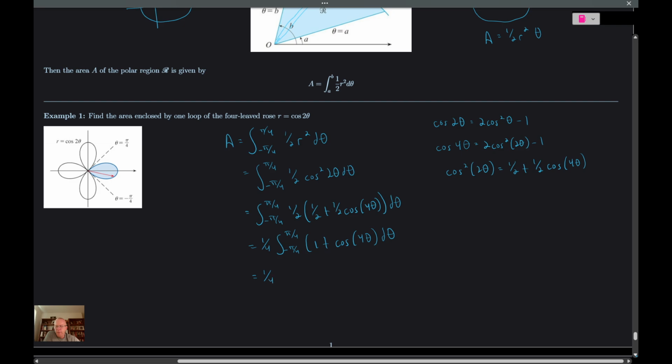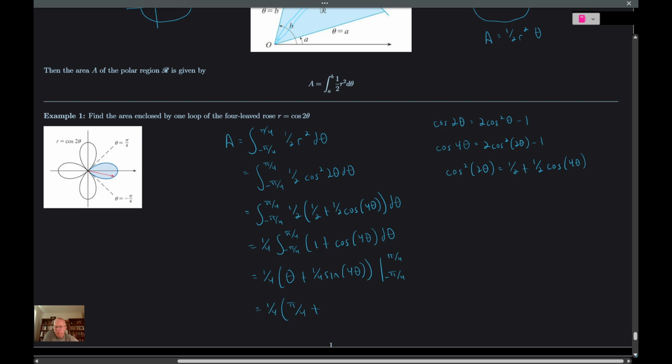And then we can pretty easily integrate this. We just have theta. We can do a substitution if you like, but I think we just see that we'll have 1/4 sine 4 theta evaluated from negative pi over 4 to pi over 4. So then we have 1/4 and plug in pi over 4. We have pi over 4 plus, now 4 times pi over 4 would be pi.